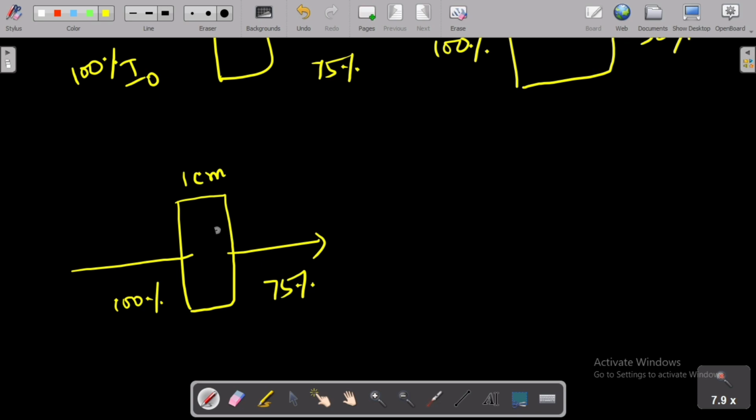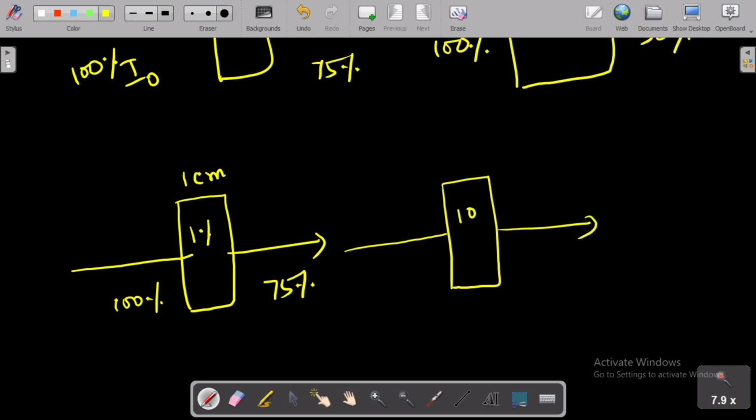But if the concentration of this medium may be 1% and this may be 10%, then we can expect a decrease of less than 75%, provided the same 1 centimeter thickness.